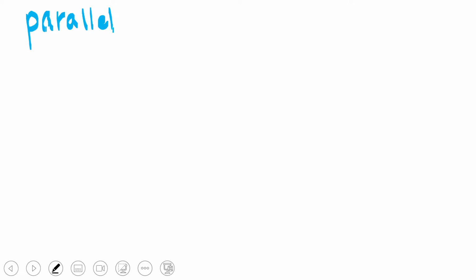Okay, we're going to be asked about parallel slopes and perpendicular slopes. You took some notes on what a parallel slope and a perpendicular slope is. To review that, parallel slopes are equal.